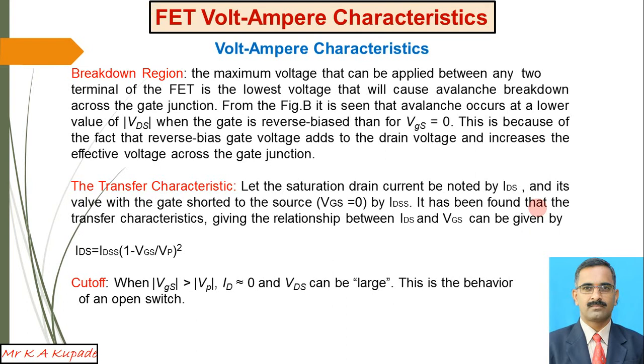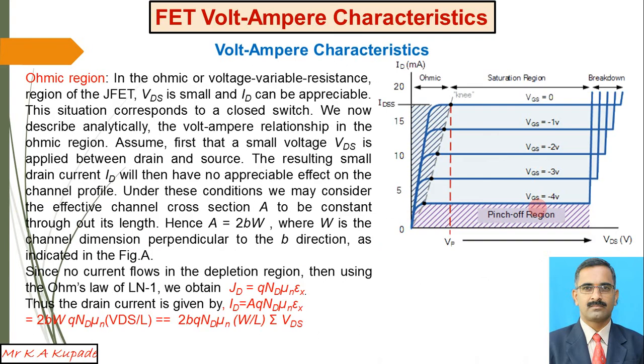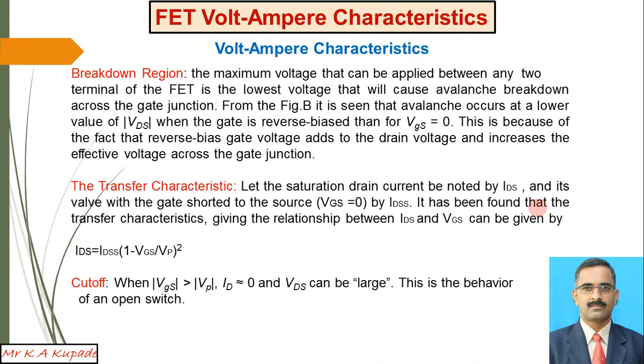The maximum voltage that can be applied between any two terminals. Here, when we apply VGS in reverse bias as well as increase the VDS, then for that VGS, if we increase the VDS, the current again increases, and that is due to the minority carriers, as considered in figure B. In the figure you will get that situation as the breakdown region.